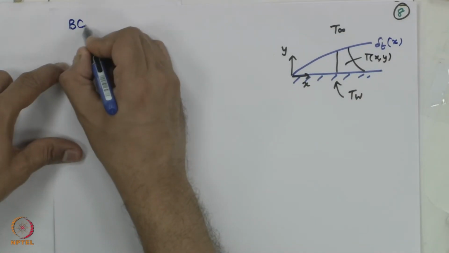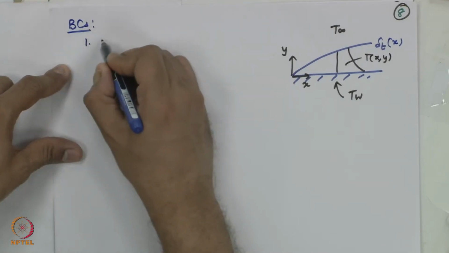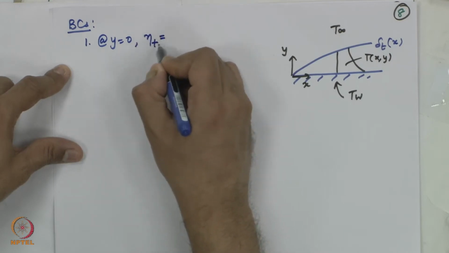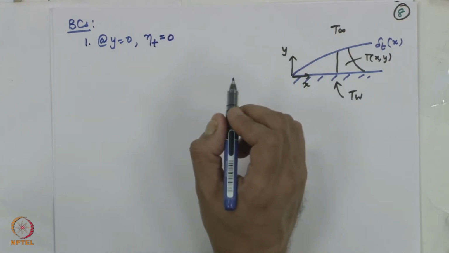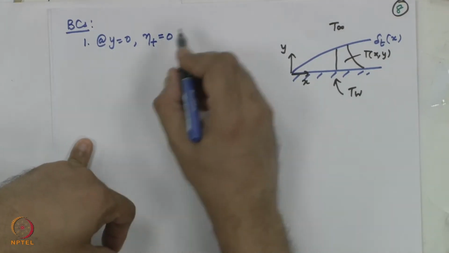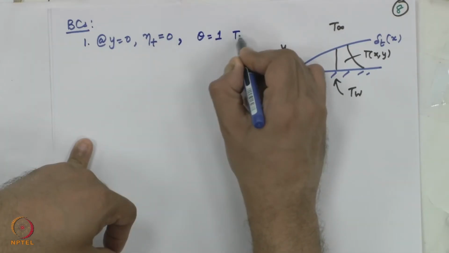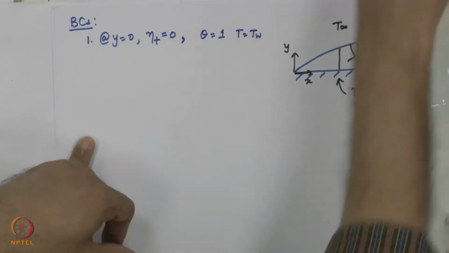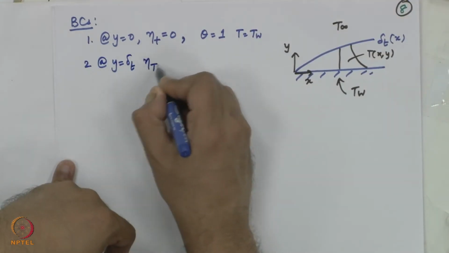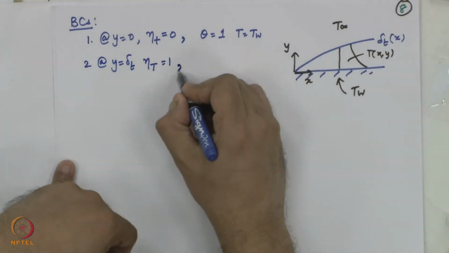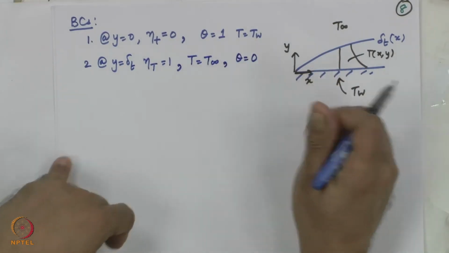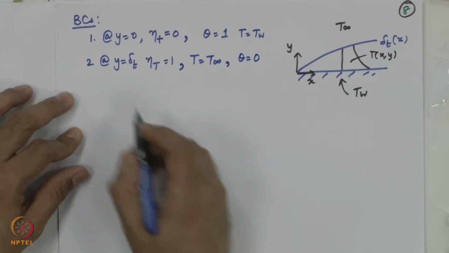So, boundary conditions. First one, at y equal to 0, which means eta t equal to 0, eta t is nothing but y over delta t, T is equal to T wall, which means theta equal to 1. Second boundary condition, at y equal to delta t, which means eta t equal to 1, T is equal to T infinity or theta equal to 0, free stream temperature, so non-dimensional temperature is 0.